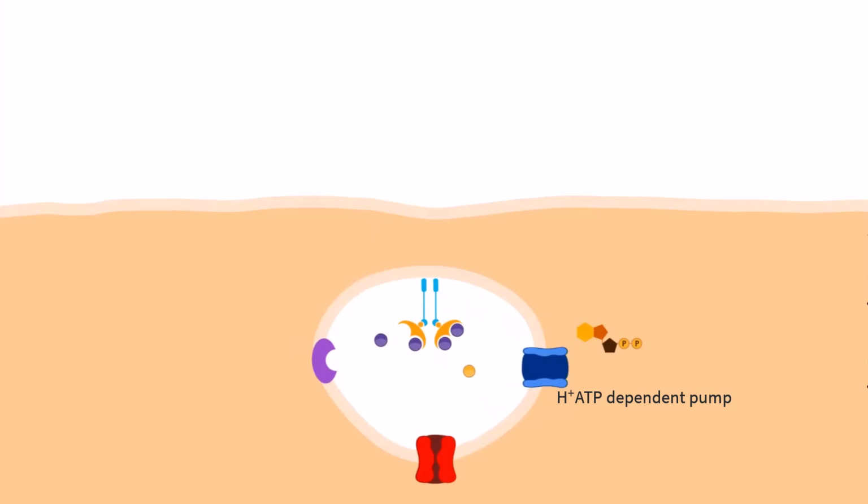The reduced pH causes dissociation of bound trivalent iron from transferrin. STEAP3 reductase then reduces the released ferric ions to divalent ferrous ions.